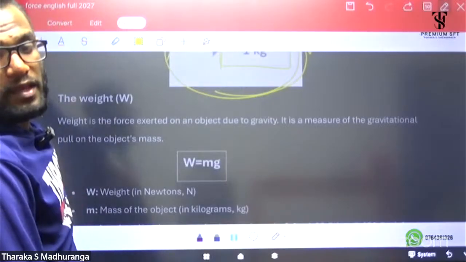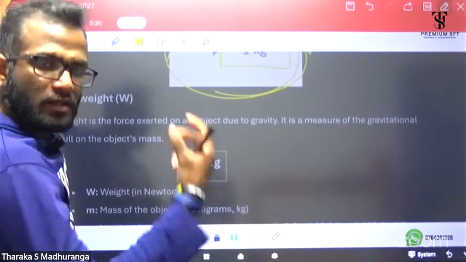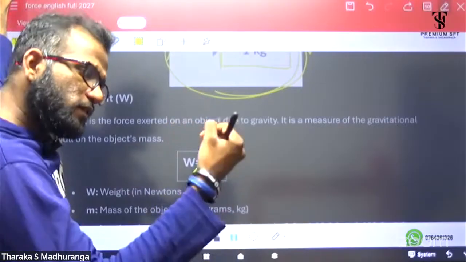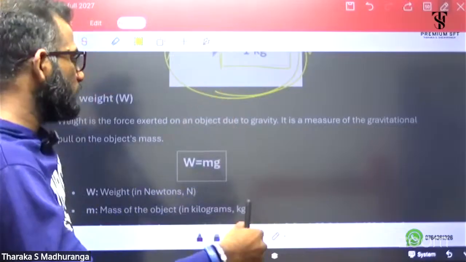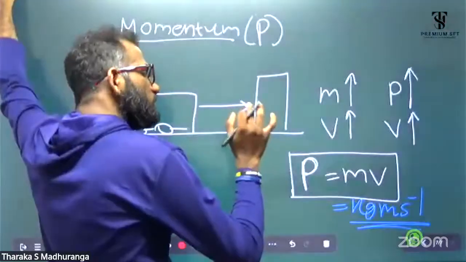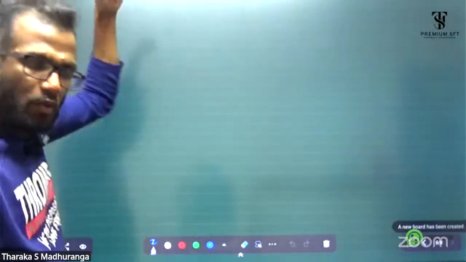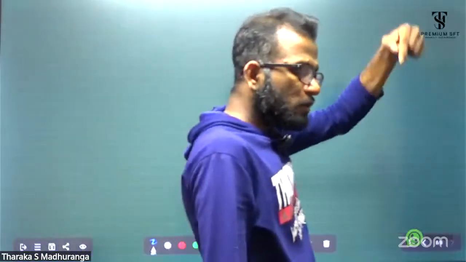Okay, the next one, weight, that you already know. Weight is the force that always acts towards the gravity direction. In future advanced calculations, this is very important: the force always acts towards the gravity direction.